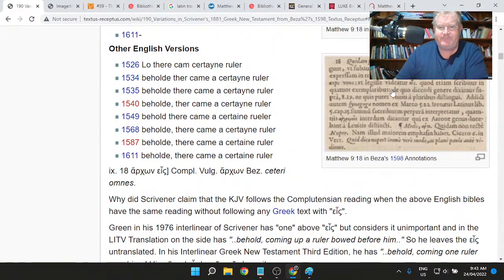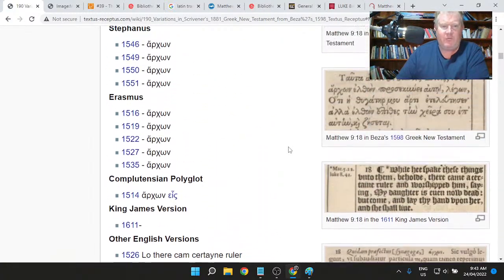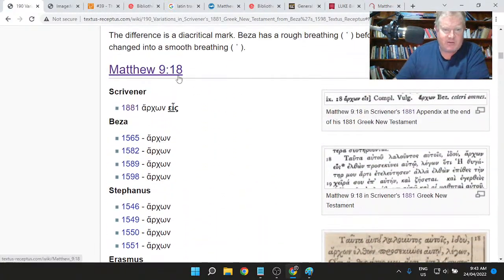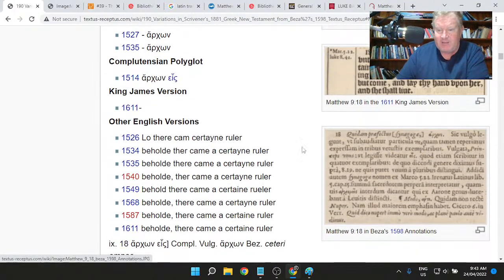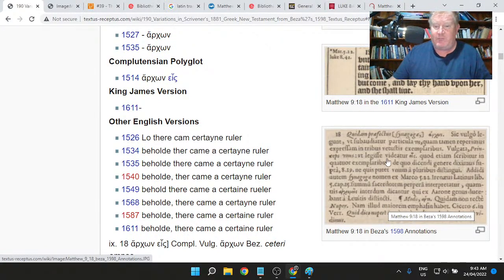And so, if you were going to do more study on this, I'd go click on that one, Matthew 9:18, on my site, where I've typed out this. And if you know Latin, you can go through that and see the reasoning behind the synagogue, of why that was put in there in the brackets in Theodore Beza's translation. But in his Greek, he just has archōn, and that translates over to a certain ruler.